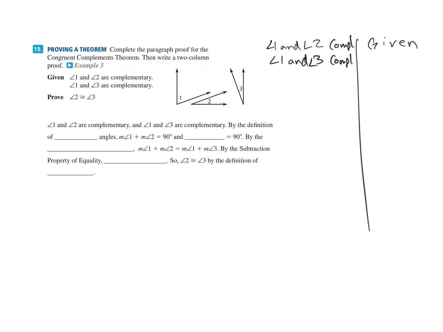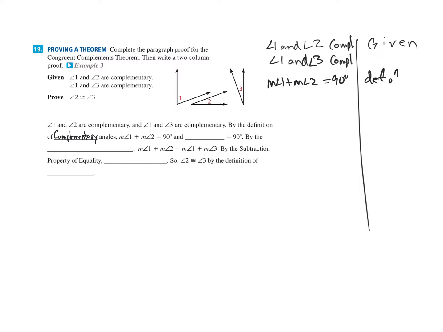So look at the paragraph proof they have here. They have the givens listed, and then by definition of blank angles, the measures are equal to 90. That means complementary, by definition of complementary angles. The measure of angle 1 plus the measure of angle 2 is 90. So let's write that down. The measure of angle 1 plus the measure of angle 2 is equal to 90 degrees.